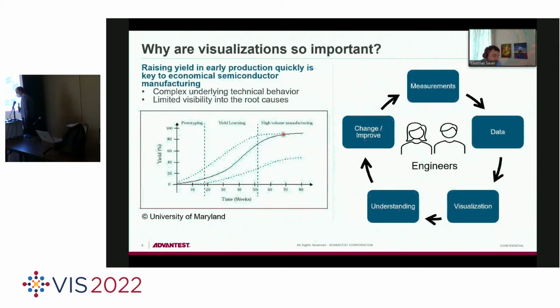In the past, this did not happen, mostly due to the fact that semiconductor production is quite complex. There are many, many companies involved, many different parties generate data, and the technology platforms were not ready. So there had been a lot of obstacles in the past, but now this goes more and more in the direction of integrated data platforms.